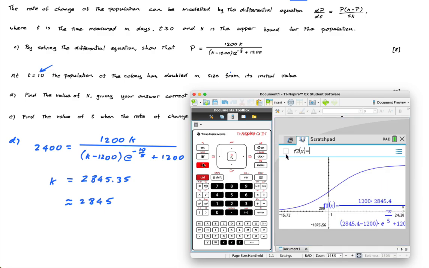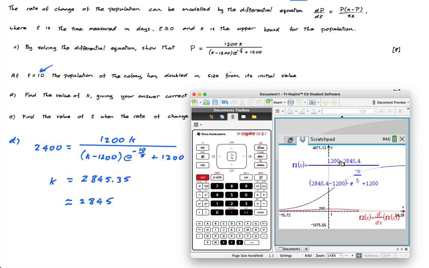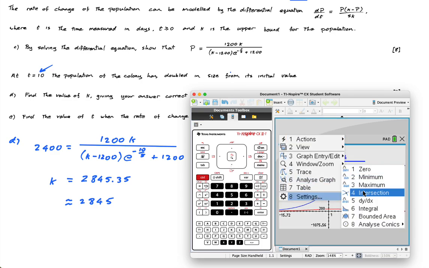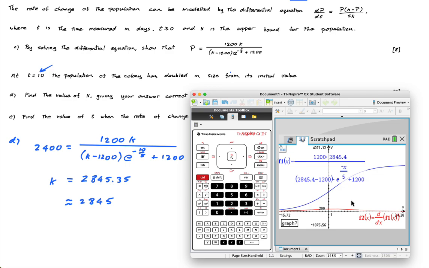I'm going to do tab, and here I'm going to sketch the first derivative, d/dx of f1 of x. Press enter, and it gives me the first derivative, and it's the maximum of this function, which I think is going to be here somewhere. So we're going to do menu, analyze graph, maximum. It asks which graph, so it's this graph, lower bound here, upper bound here.